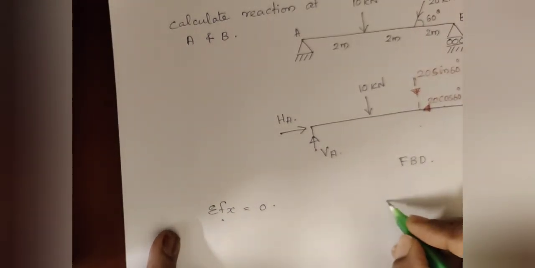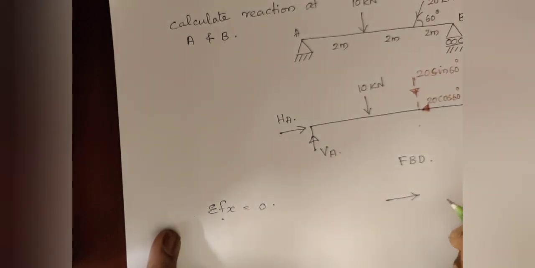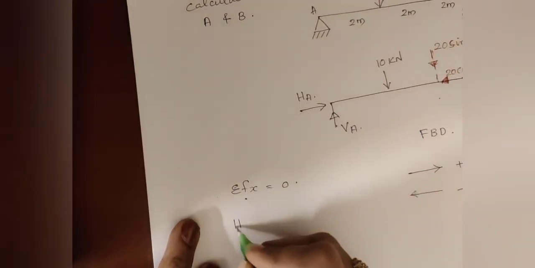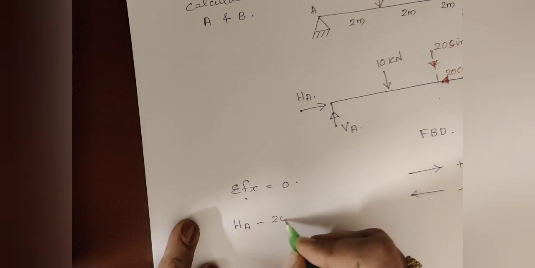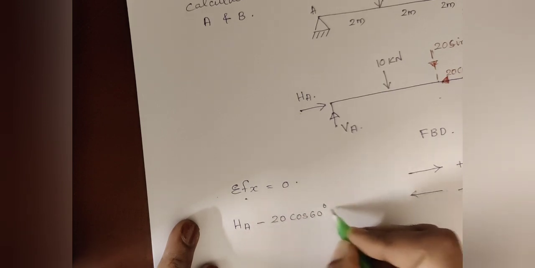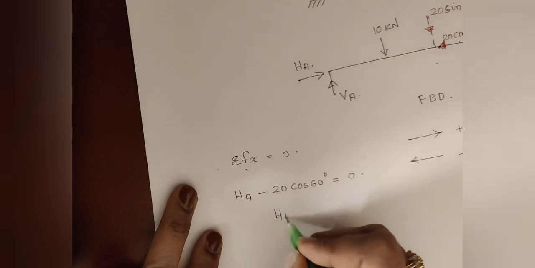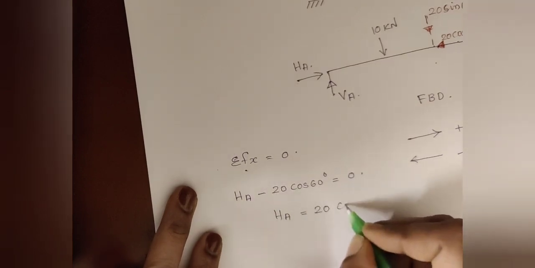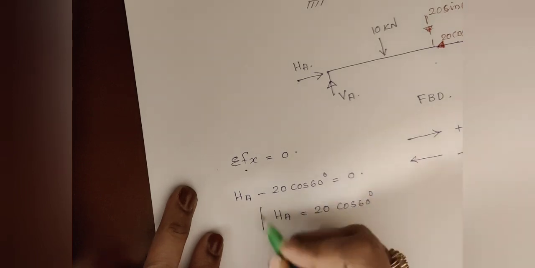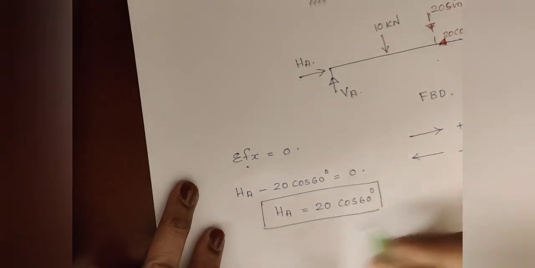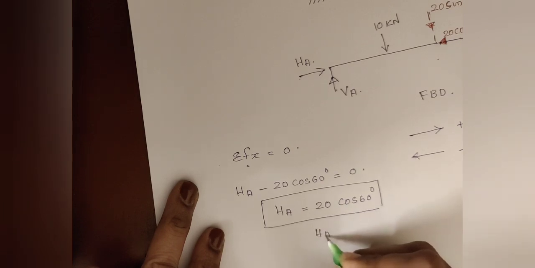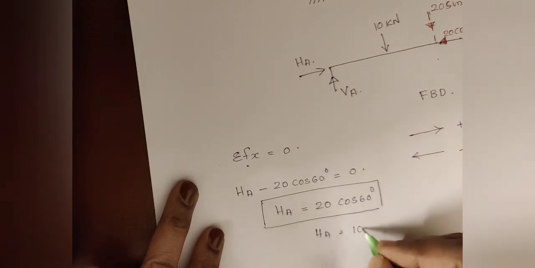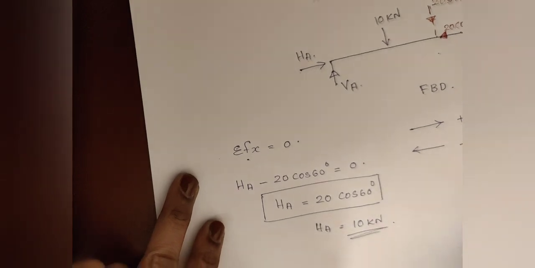Here you have to use the sign convention: right horizontal force is taken as positive and left horizontal force is taken as negative. So HA minus 20 cos 60 degree is equal to 0. You will get HA equal to 20 cos 60 degree, so HA is equal to 10 kilonewton.